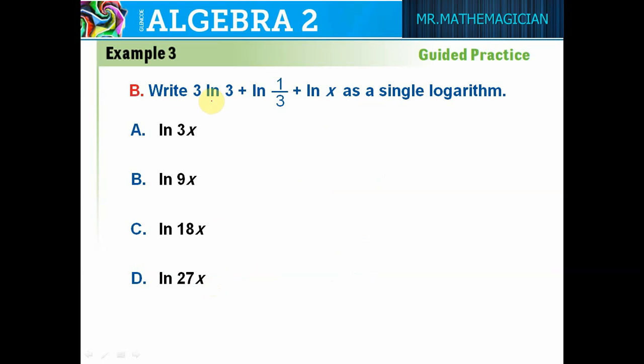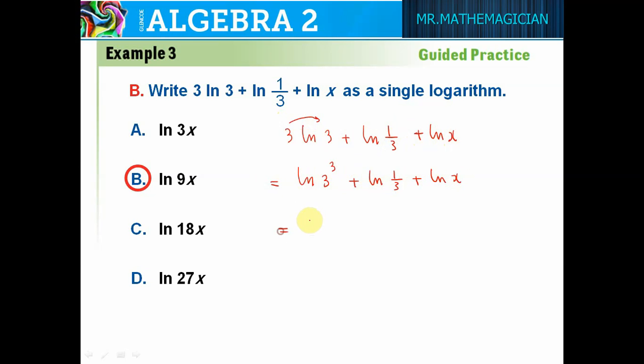Let's write 3 ln 3 plus ln third plus ln x as a single log. Pause the video and try to choose, and you will find it B. Let me show you why. This is 3 ln 3 plus ln third plus ln x. Take this 3 to the power, so this will be ln 3 to the power of 3 plus ln third plus ln x.